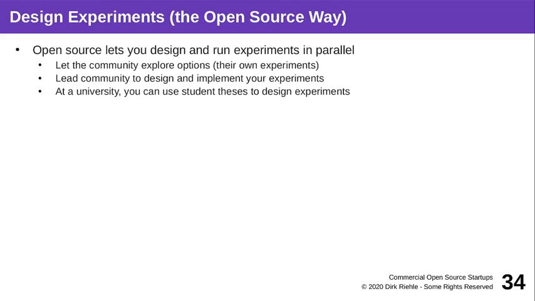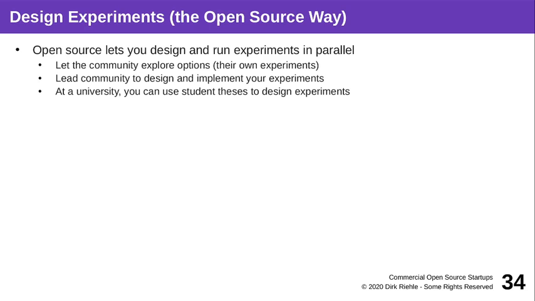And again, in open source, you get extra ways of doing that and getting there. Open source lets you design and run these experiments in parallel. You can lead your community, as soon as there is some, you can lead your community to explore options. You give them something or you let them develop their own thing.